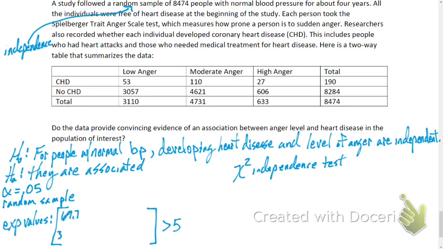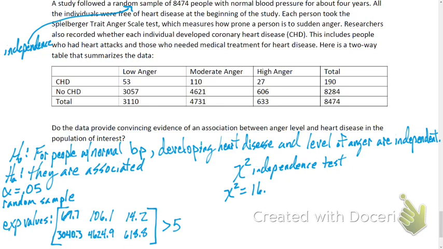I think our expected values are way above 5, which is the requirement. I was looking at the data. I kind of paused earlier because I was trying to figure out who appears to be more prone to heart disease and level of anger. But all we're going to say is they are associated.